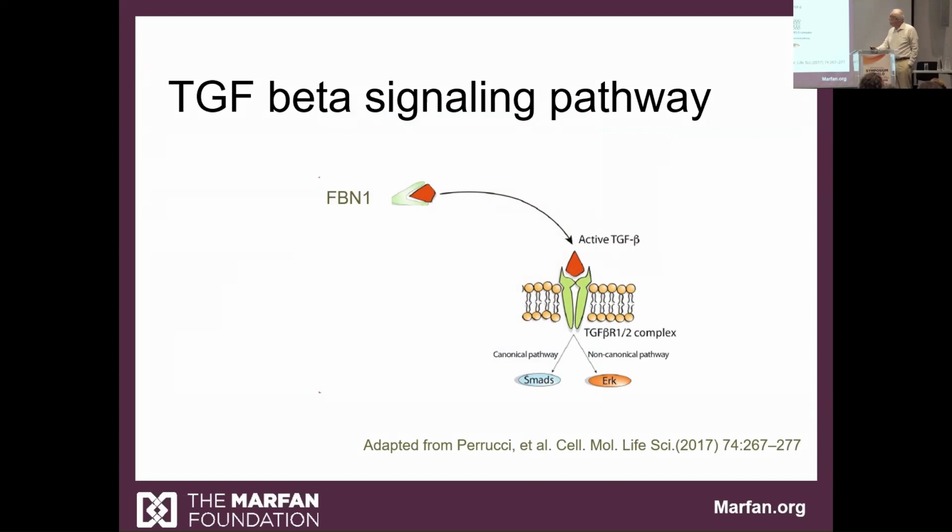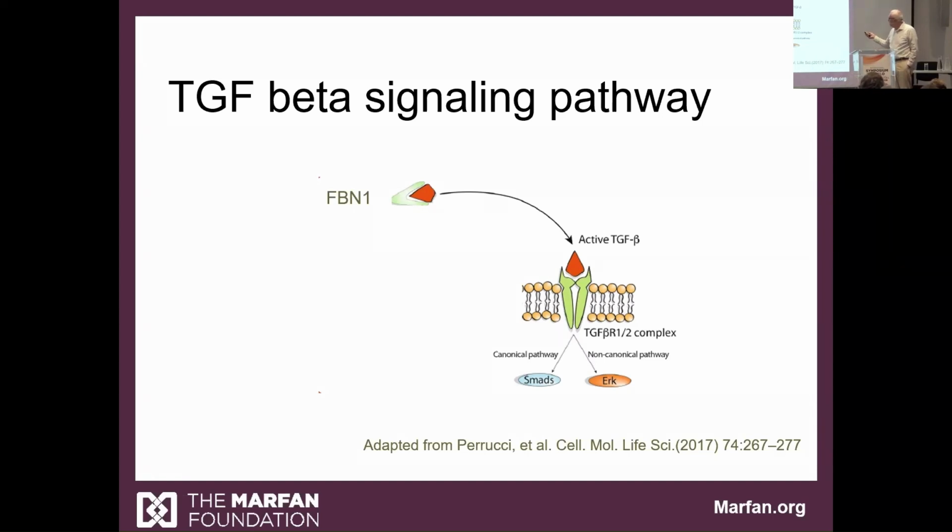Now, the TGF-beta signaling pathway is the most important pathway to consider. The fibrillin protein is the protein that is mutated in Marfan syndrome, but it is a very important molecule which also serves as a regulator of this signaling pathway. There are components to the pathway, not only the fibrillin molecule, but the red is the TGF-beta molecule itself, and it interacts with two important receptors that you see in the green color.